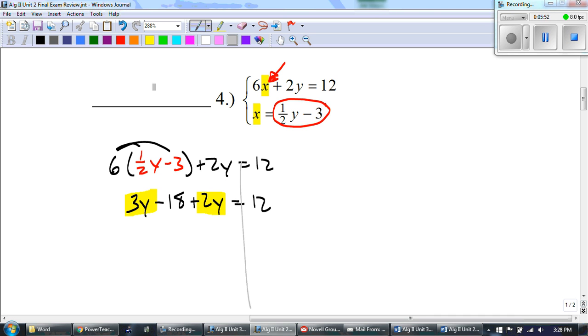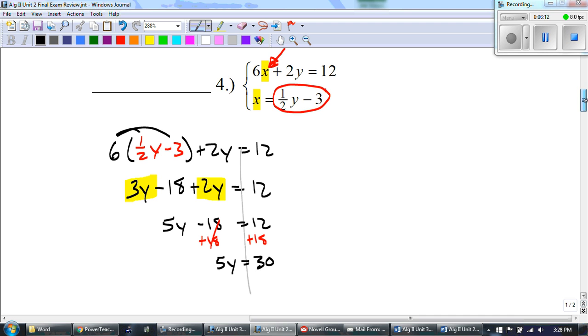Combine your like terms. What's 2 plus 3? 5y minus 18 equals 12. Add 18 to both sides. We get 5y equals 30. And then divide both sides by 5. We get y equals 6.